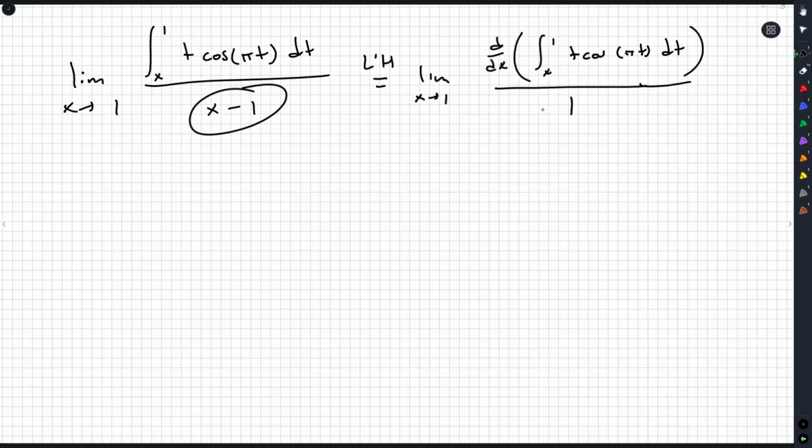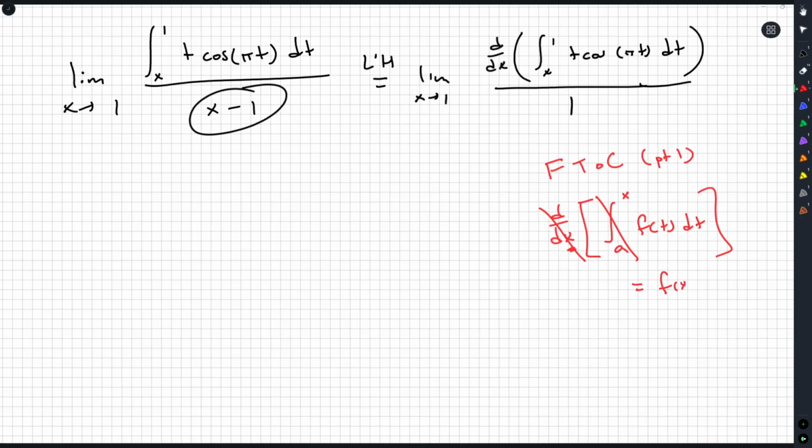The problem, however, is the derivative of an integral can be a little tricky sometimes. Now, the fundamental theorem of calculus part 1 says that if you want to, I'll write a version, this is not the only way it's written, but if you want to differentiate a function defined through an integral, as long as there is a constant, some a down here, and just a single instance of the variable that you're differentiating, so just an x by itself up here, then, and only then, does the derivative and the integral cancel out, and you're just left with the function inside, obviously with your dummy variable replaced with the variable of differentiation, in this case x.